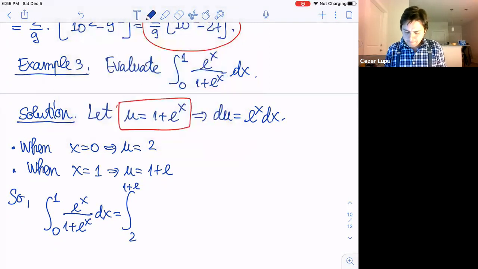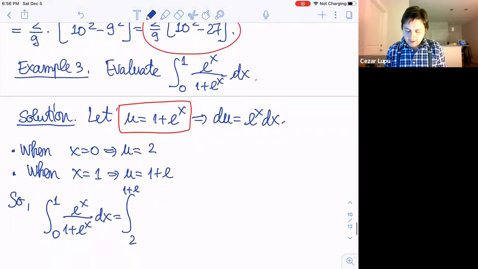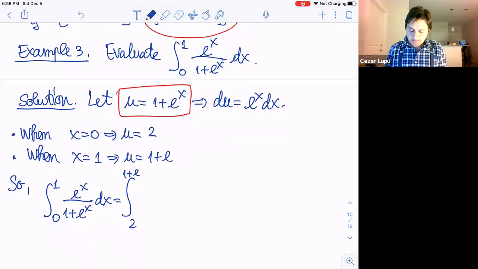So it's e to the x dx, so it will be du over u.